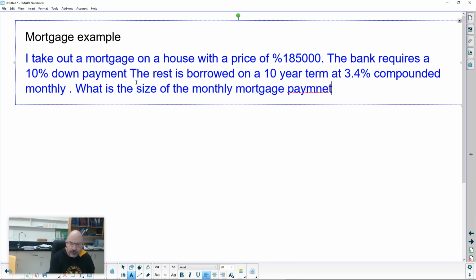Okay, so we're going to figure that out, but we're also going to figure out a couple other things here as well. What kind of a payment do we have? And let's also ask, how much interest did I pay over the mortgage?